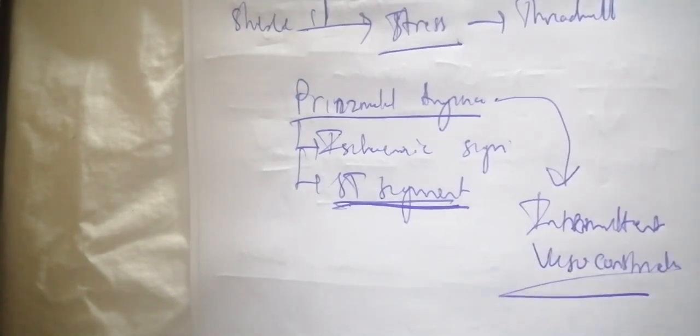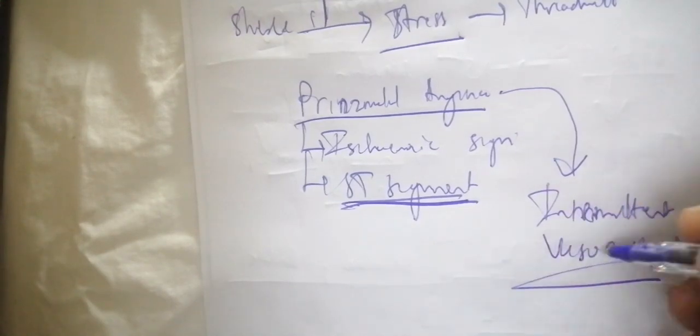Is it clear? So that is Prinzmetal angina. The reason why it is intermittent is why it does not cause a myocardial infarction. Is it clear? Intermittent means that it constricts and then it relaxes, without causing any myocardial infarction. Is it clear?